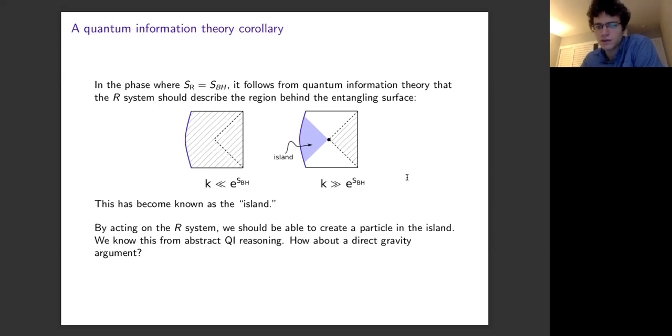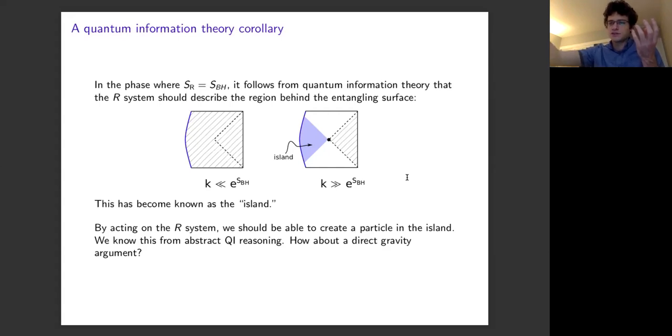The abstract quantum information reasoning is actually pretty simple. The way the game works is this: I'm holding two maximally entangled spins. I throw away one of them. I don't know where it went, but I keep the other one.